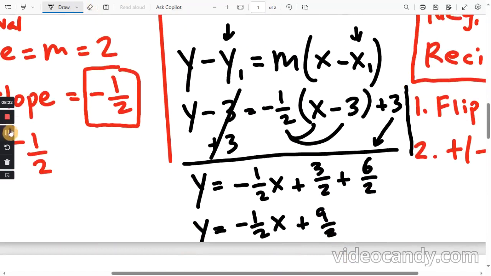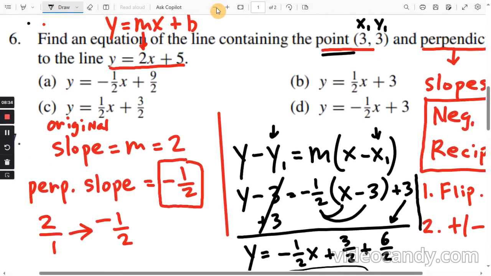So that is the final answer with the common denominator of 2, negative 1/2 x plus 9/2. Answer A.